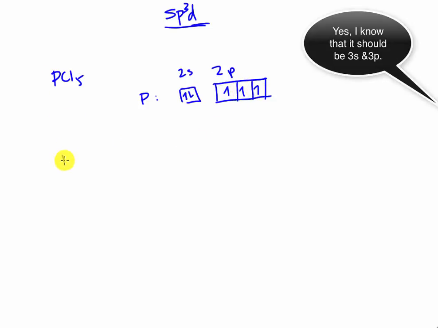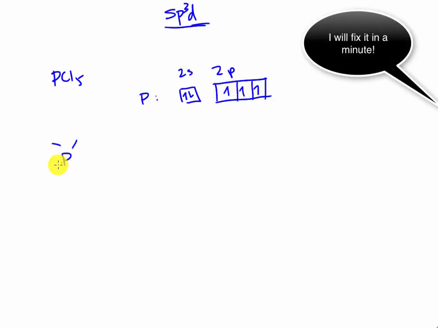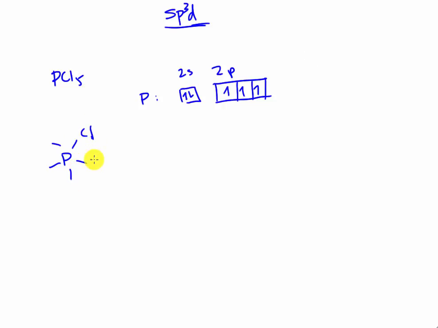Now to get this phosphorus pentachloride to work, we need a trigonal bipyramidal structure, something that has 5 bonding areas that are the same. Well, the problem is, this should be a 3 by the way, not a 2, because it has to be in a third energy level. So we have the 3d.